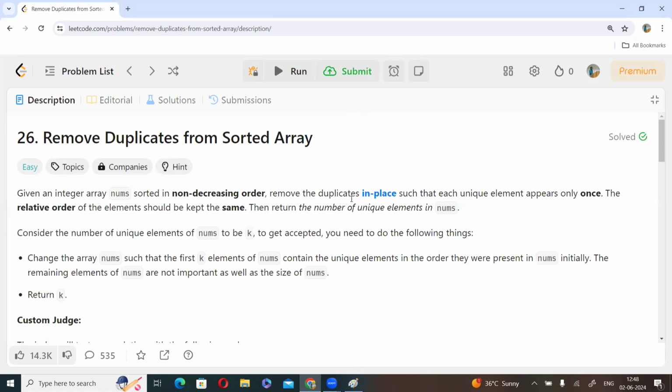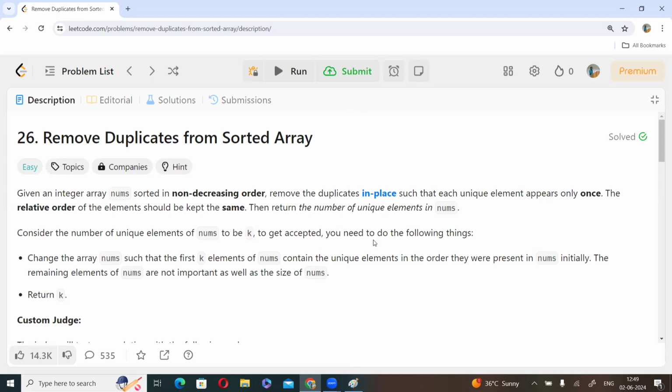Now, remove the duplicates in place such that each unique element appears only once. From that array, we need to remove duplicate elements. That means the array must consist of only unique elements. And the most important point is in place.